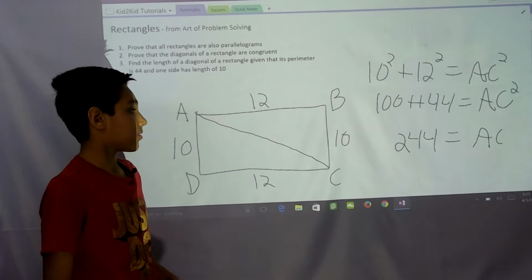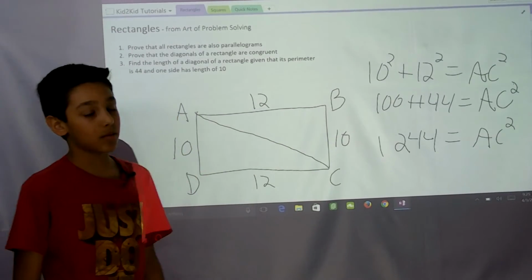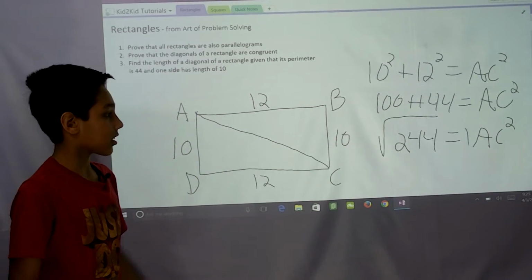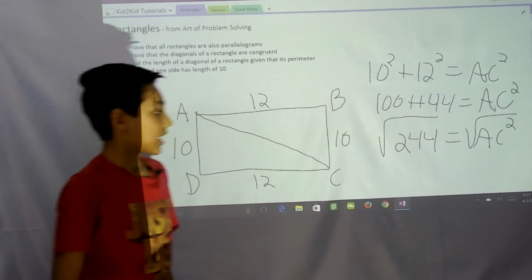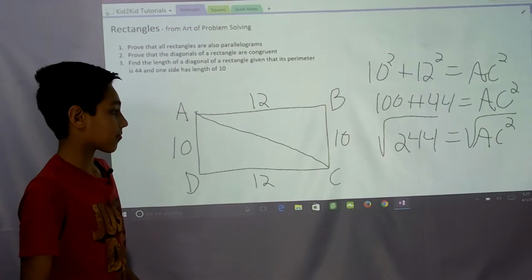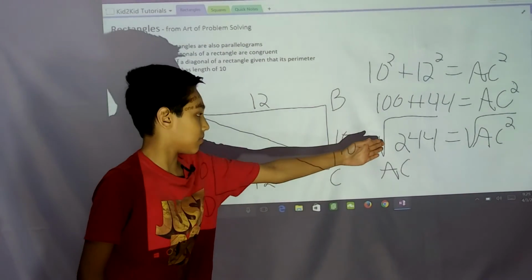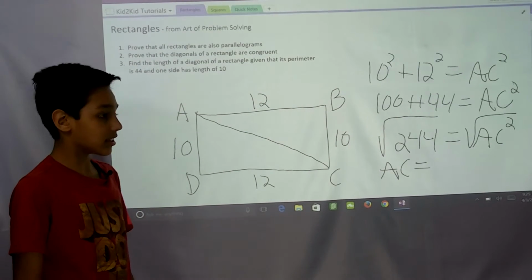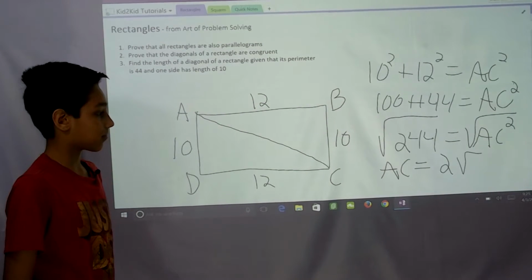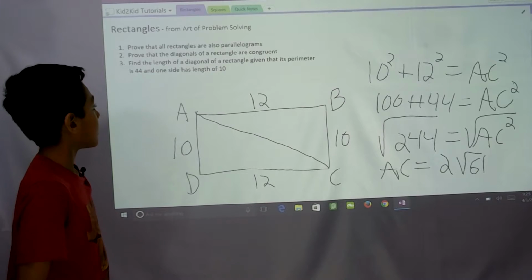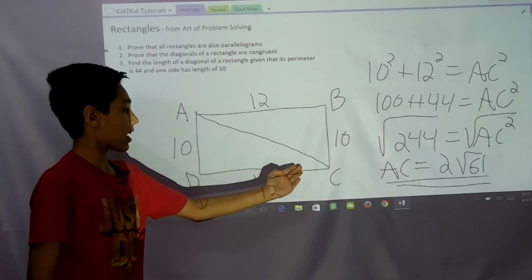So now we take the square root of both sides, and we get AC equals, once we simplify that out, the square root of 61. And that is the length of this diagonal here.